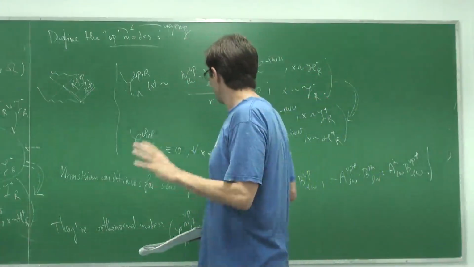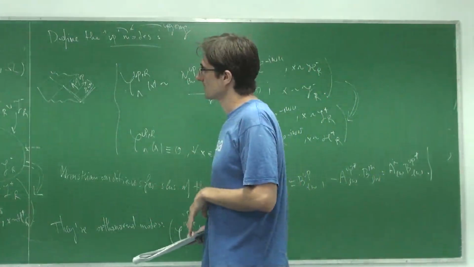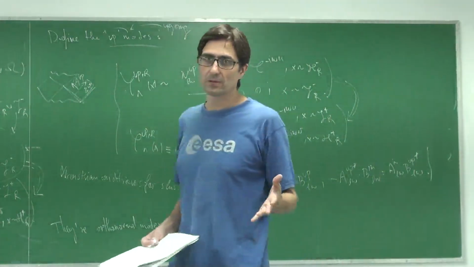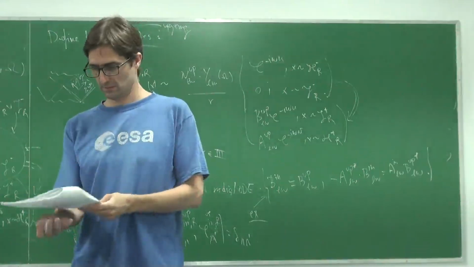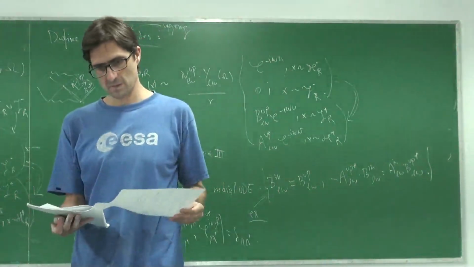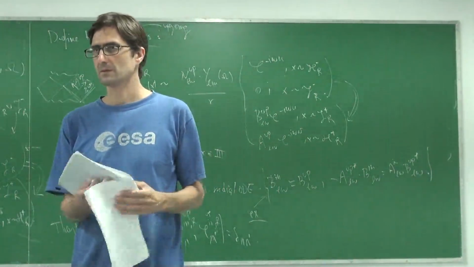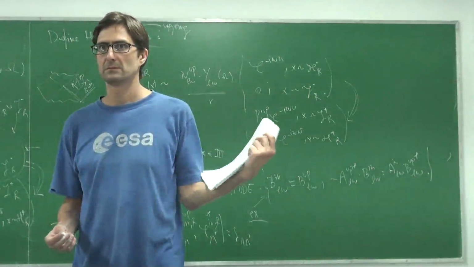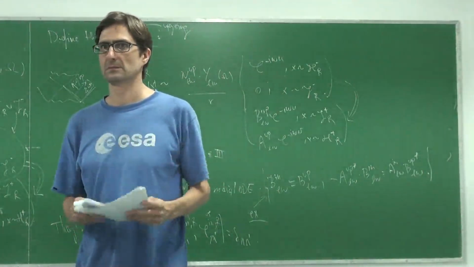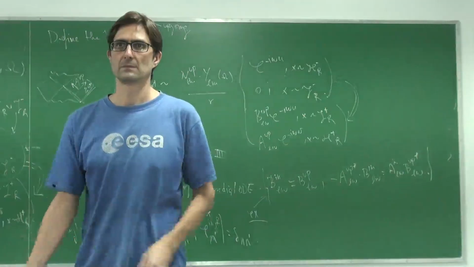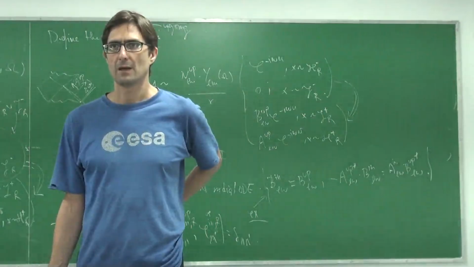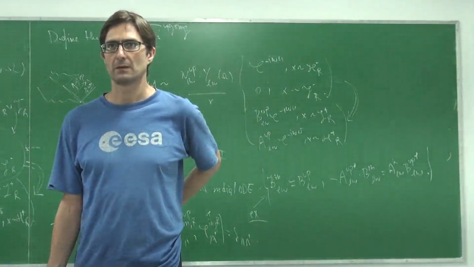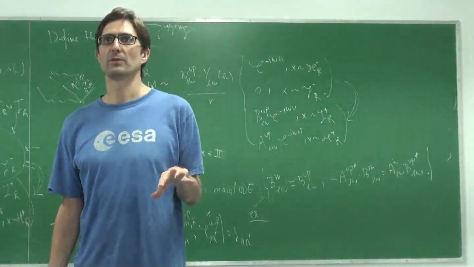Okay, so phi in with phi up, do they form a complete set? Yes. You have said that phi in and phi out, or phi in, phi out, phi in complete set. Not out, up. Up. Yes.